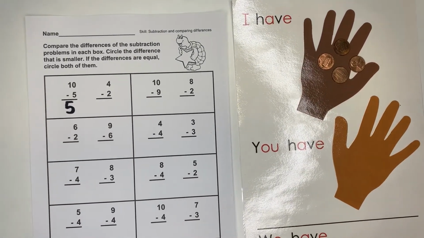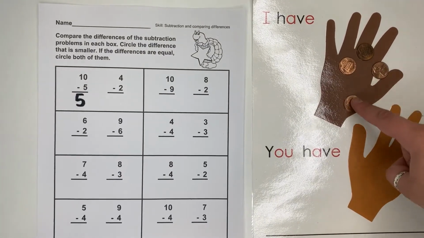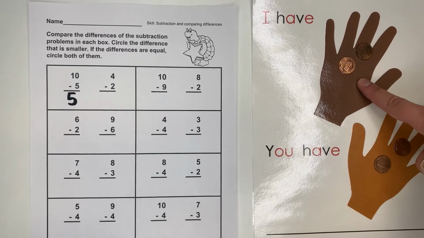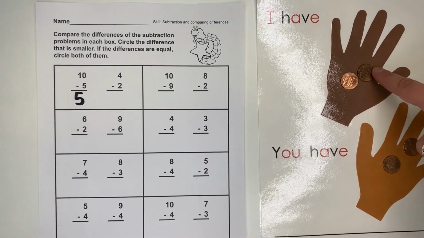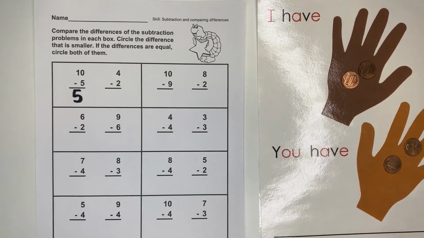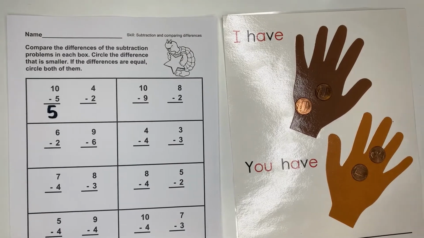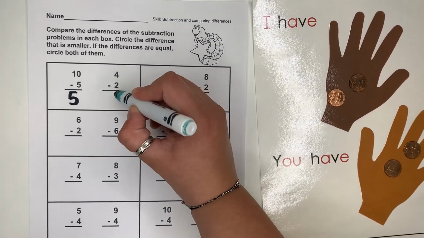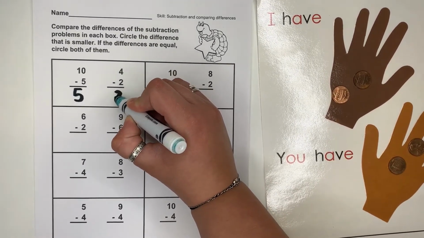And then you are going to take away 2 pennies from me. So I'm going to give you 1, 2. How many do I have left? Let's count together. 1, 2. One more time. 1, 2. Double checking. So our difference, the answer that we found, is 4 minus 2 equals 2.